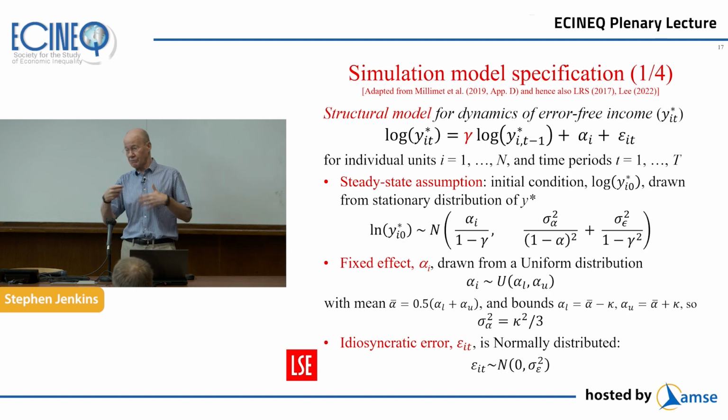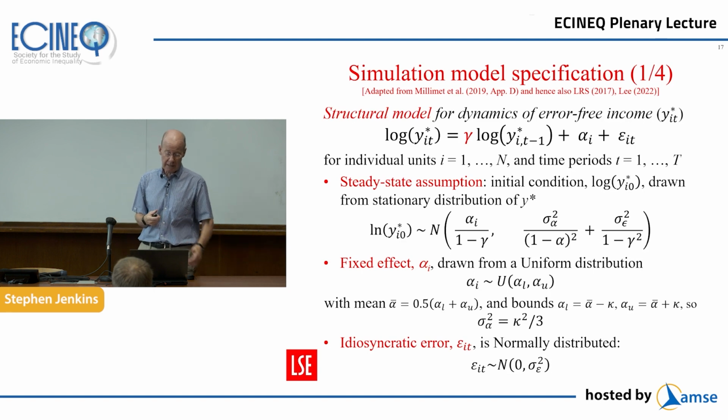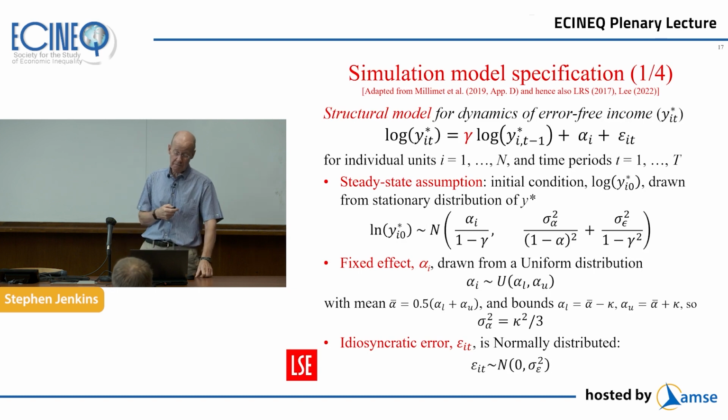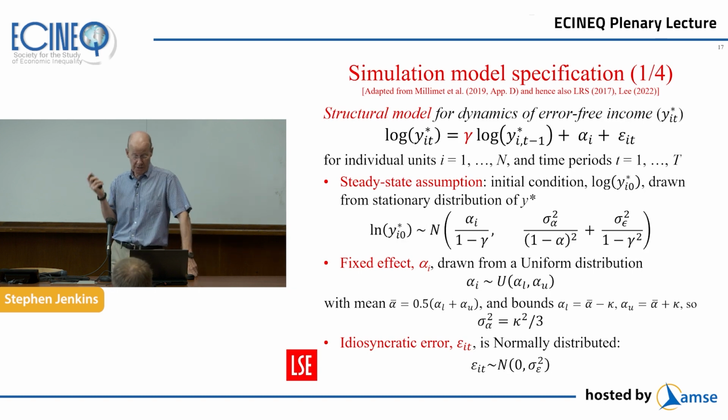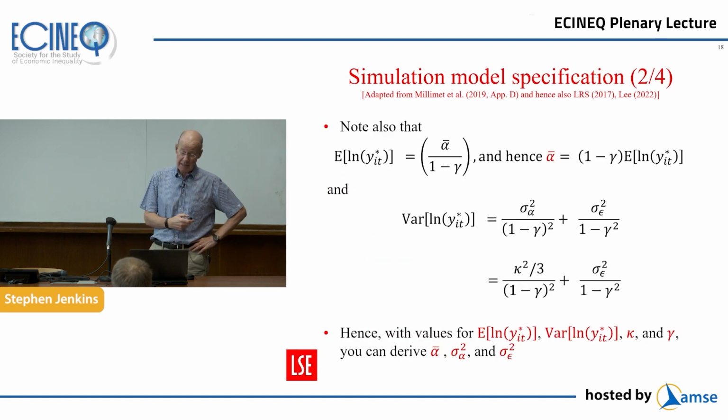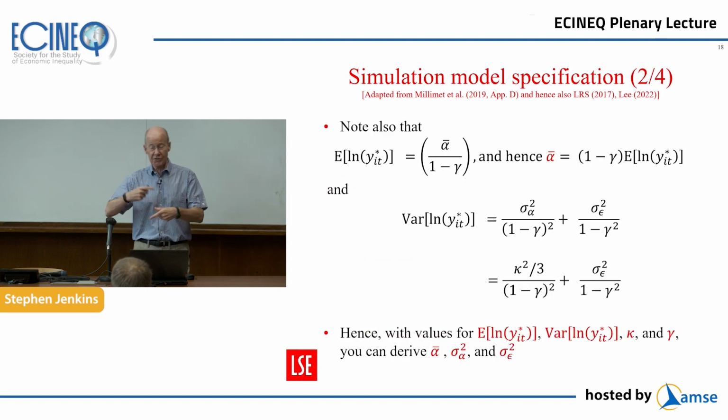How do you go further? Following Millimet and others, you set the fixed effect as drawn from a uniform distribution with a particular variance, and the idiosyncratic error is also normally distributed with mean 0 and some variance.